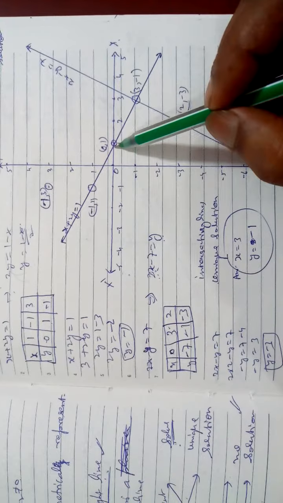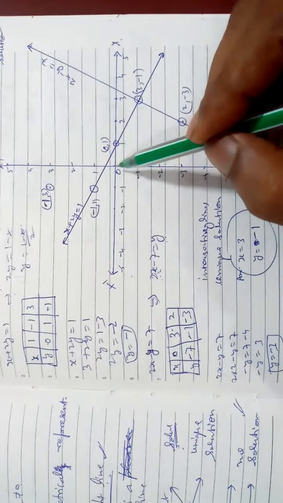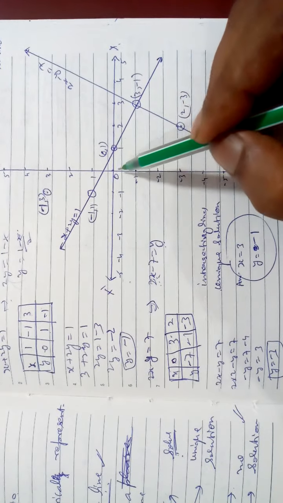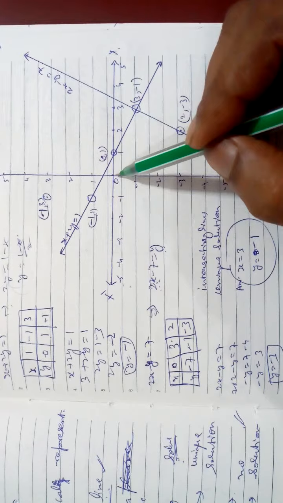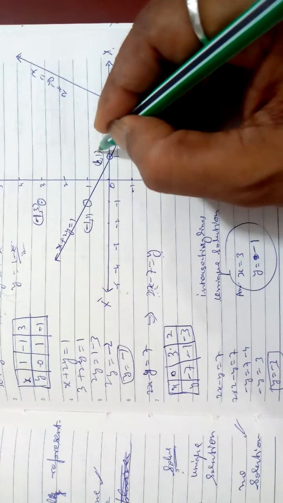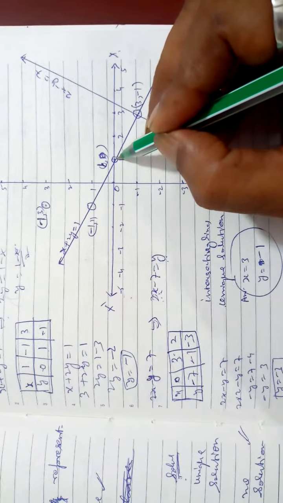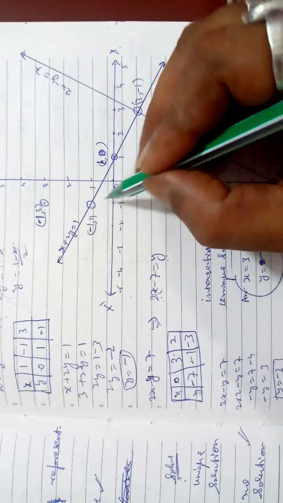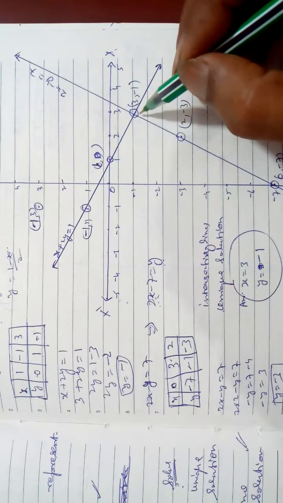First of all, draw and take a proper scale on both axes, taking 1 centimeter as the distance. Then plot the points: 1 comma 0, then minus 1 comma 1, and 3 comma minus 1.